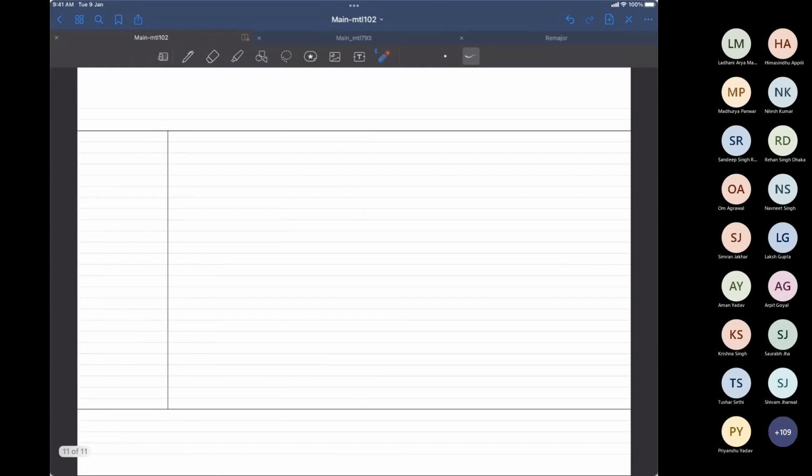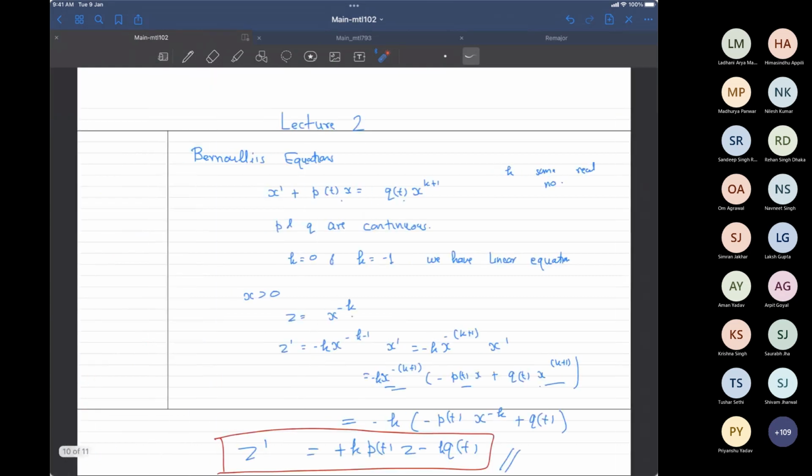Excuse me, sir. Can I explain that step again? X prime equals minus p x plus q x to the power k plus 1, x prime. This is the derivative, and here I substitute this x prime.